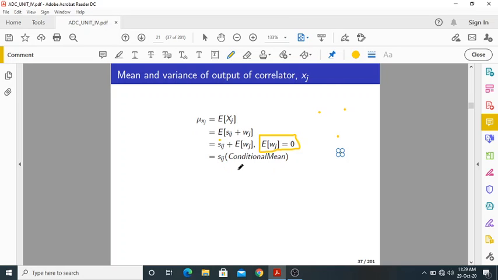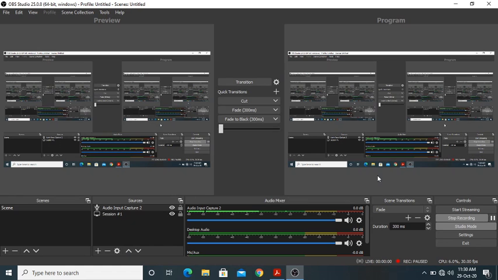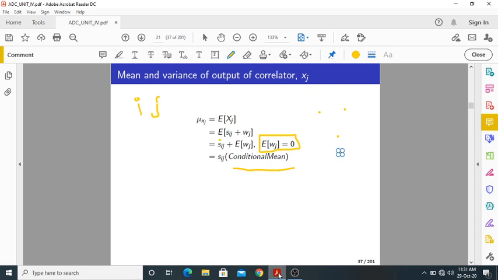Now remember, it is a conditional mean, because Sij depends upon both the i value as well as the j value. So we should know the value of i and the value of j, which means we should know what symbol is transmitted and what vector is received.